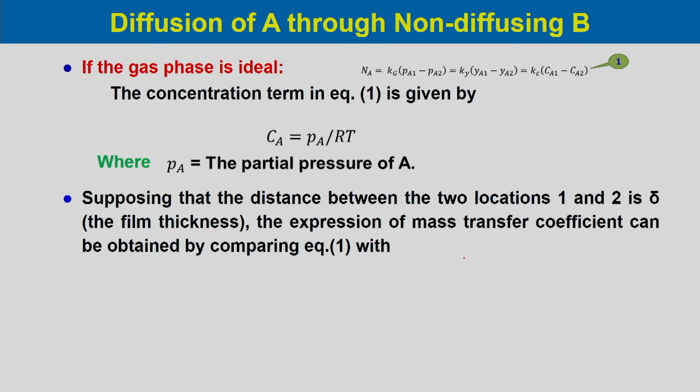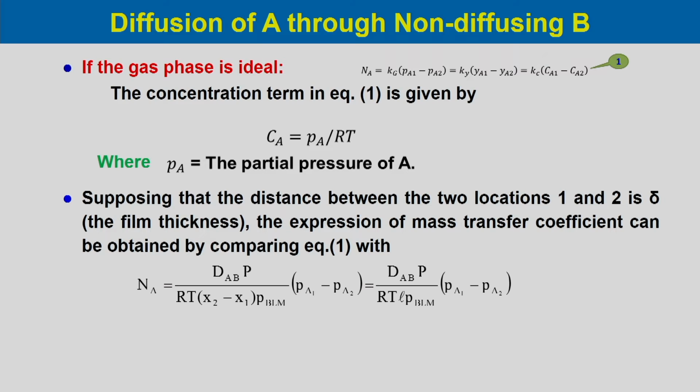The expression of mass transfer coefficient can be obtained by comparing equation 1 with this equation, which we have already defined in case of diffusion. Na would be equal to dAB Pt, where Pt is the total pressure, by RT (x2 minus x1) PBLM into (Pa1 minus Pa2), which is equal to dAB Pt divided by RT L PBLM.